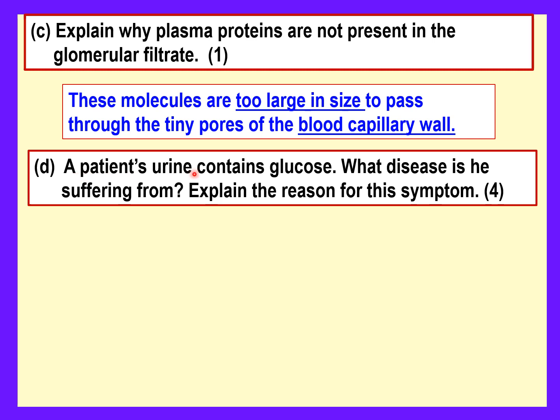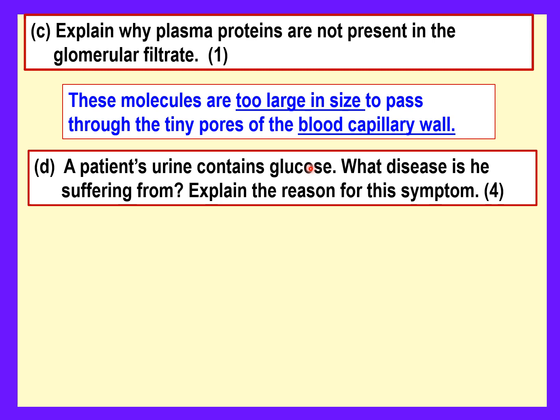Okay, D. A patient's urine contains glucose. What disease is he suffering from? Explain the reason for this symptom. Once a person's urine has glucose, it's not normal, because normal people don't have glucose in their urine. In Malay, penyakit kencing manis. That means the urine contains glucose.